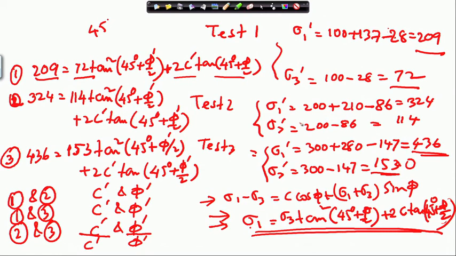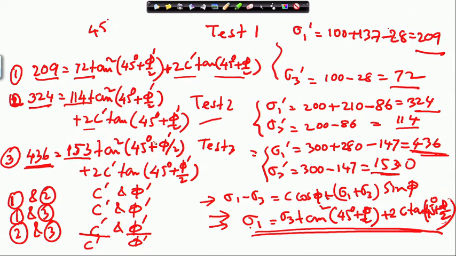Similarly, for the second test, 324 is the sigma 1 and 114 is sigma 3. And for the third test, 436 is the sigma 1 and 153 is the sigma 3. So I have got 3 equations, and by using them I have to find 2 unknowns. So I have excess.